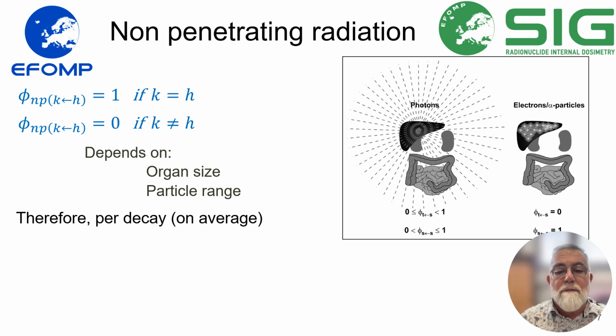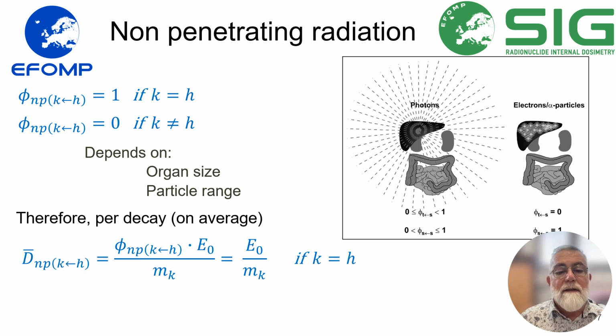The translation per decay on the absorbed dose is that the average absorbed dose in the target from the source is just going to be the emitted energy divided by the target mass when source and target are the same, and it's going to be zero otherwise. So you can see the importance of penetrating versus non-penetrating radiation in the context of molecular radiotherapy, because you really want to be in a context where everything that is emitted in the tumor is absorbed in the tumor, and there will be no irradiation elsewhere than the tumor.